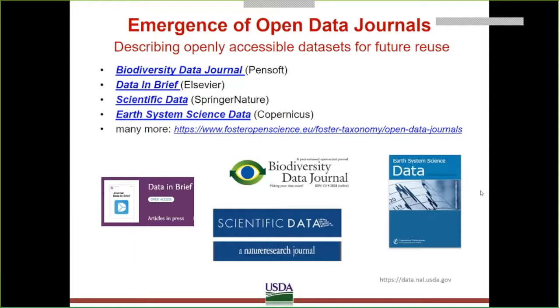And data papers often accompany a related regular journal article in which the data is applied or used in a study or cited. These four titles, Biodiversity Data Journal, Data in Brief, Scientific Data, and Earth System Science Data, are frequently cited nowadays in Ag Data Commons. And there's a more extensive list at the Foster Open Science link there, that's included in the references.